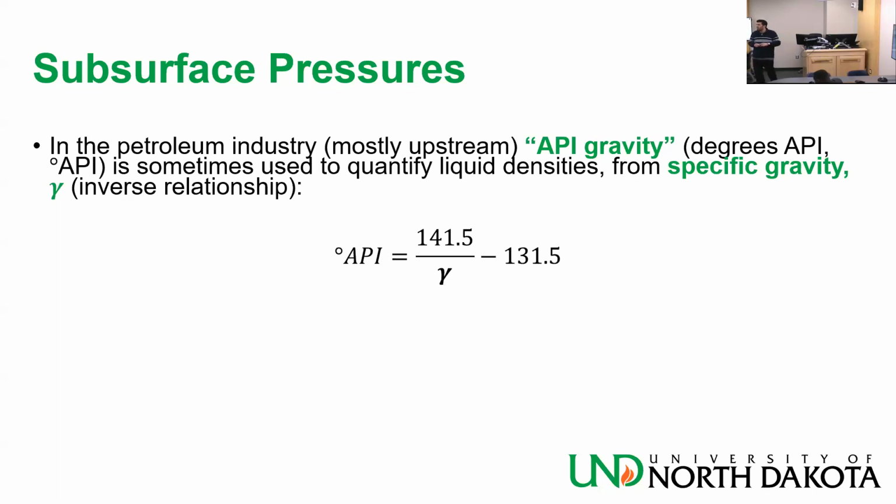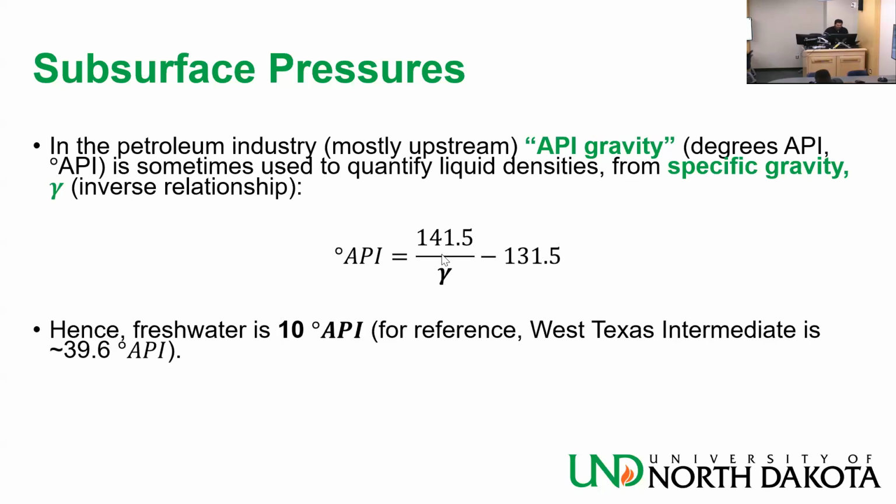If it is for liquid, it will be the density of the liquid to the density of water. Okay, great. So what is the unit of gamma? Dimensionless. What is the unit of API gravity? Degree. Yes, degree is degree, that's correct.